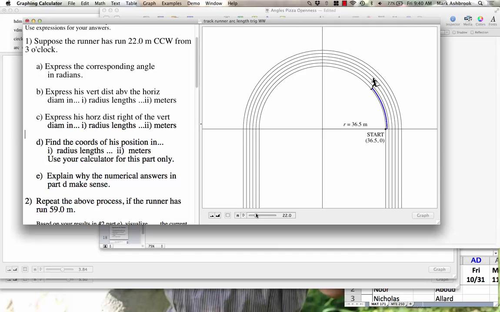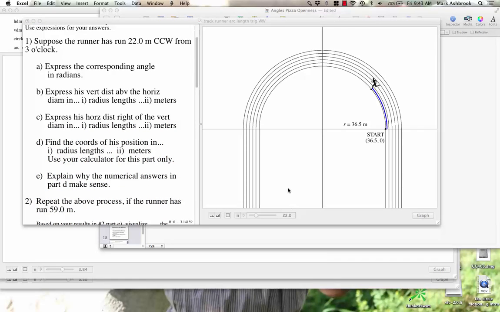You don't pull out your calculator until D. All right. So for number 1, he's run 22 meters. Work number 1 there, A through E, and I'm going to take attendance. Okay. Work together.